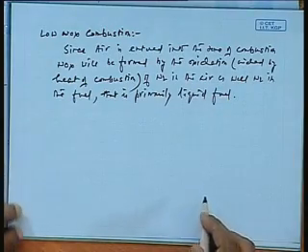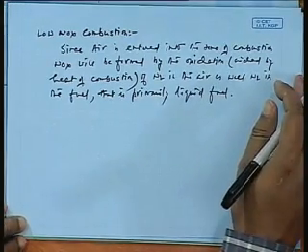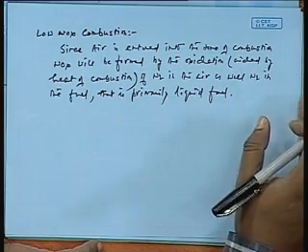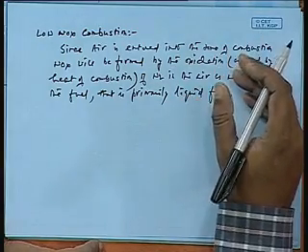Perhaps some of you might know that there are power plants which are run by fuel, either by gases or by liquid LNG, liquefied natural gas. These are also one way of generating electricity.